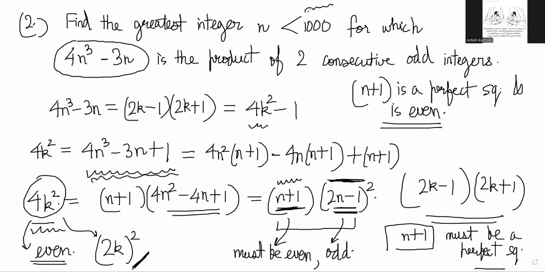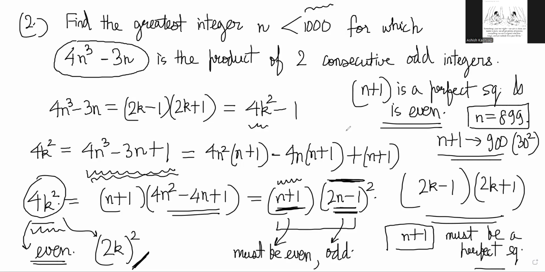After that, 31 square becomes 961 and 32 square becomes 1024. So basically 32 square cannot be taken because it becomes bigger than 1000. 31 square is odd, so n plus 1 has to be an even perfect square. So n plus 1 must be 900, which is 30 square. And that gives us the value of n. n is 899.